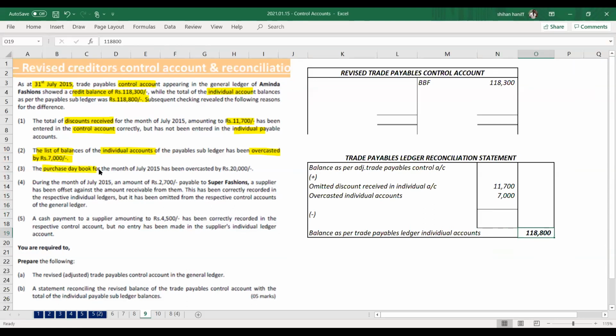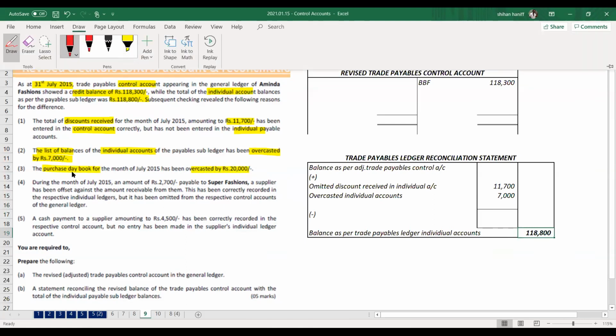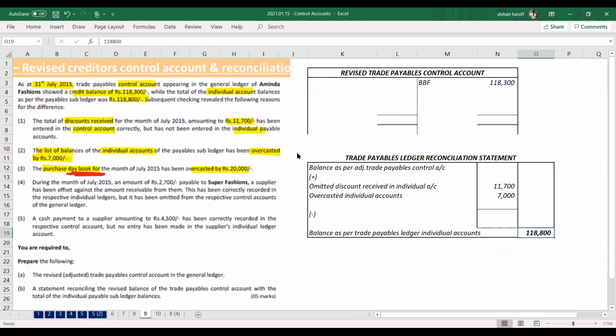Next, purchases day book overcasted by 2,000. If it is day book overcast, then it will affect only the control account. Debit or credit? If it is control account, you have to do the error correction. Purchases are credited.